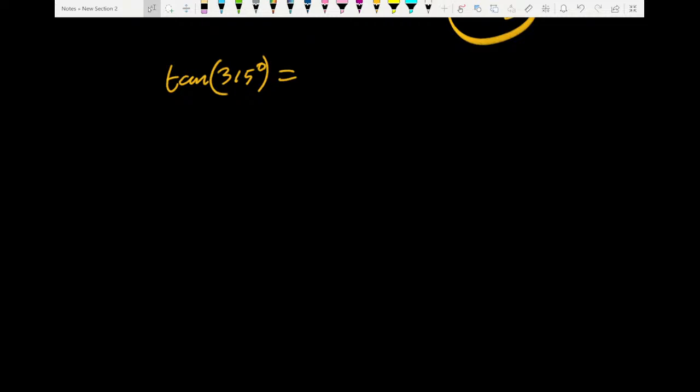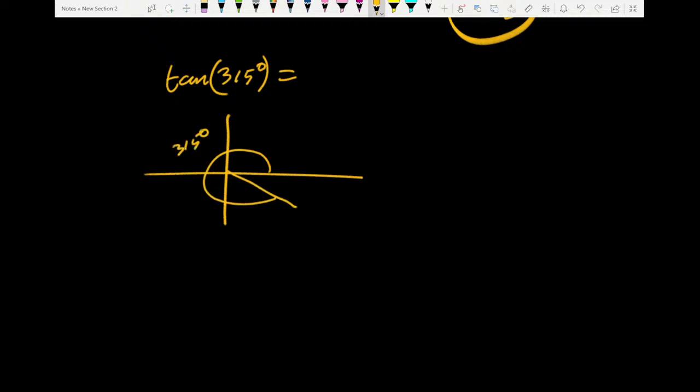Alrighty then, let's try that. 315 degrees is in the fourth quadrant. We've got to figure out the measurement of this angle close to the x-axis. The way we go about doing that is 360 minus 315, you get 45 degrees.